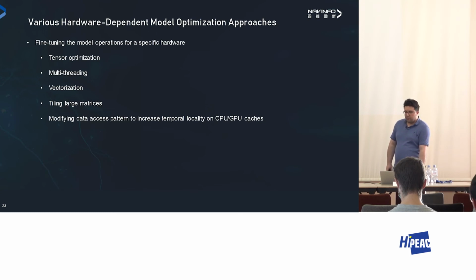Yeah. So, for instance, multi-threading is something that you do based on your architectural support: how many threads you can handle and what's the best way of dividing the application into multiple threads. This is related to the hardware.